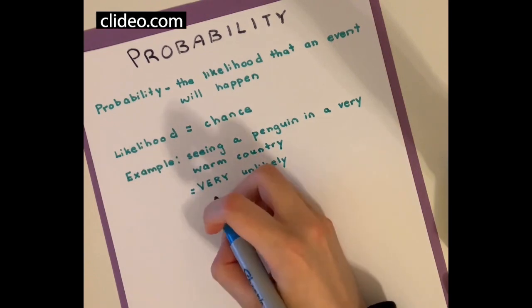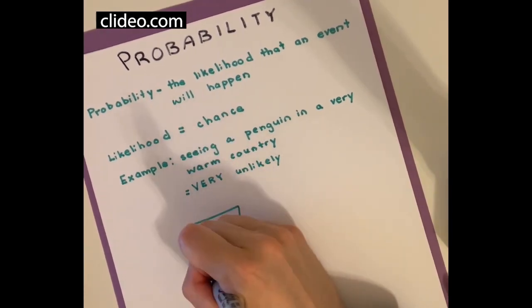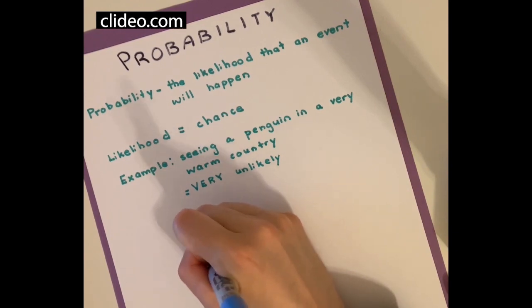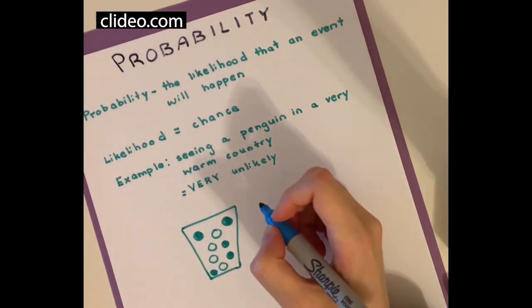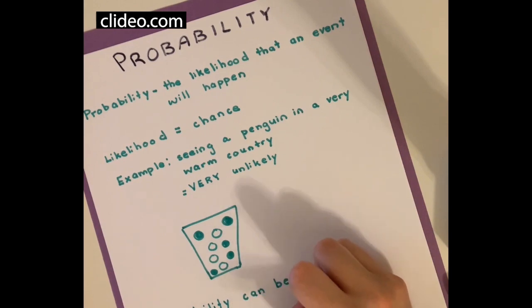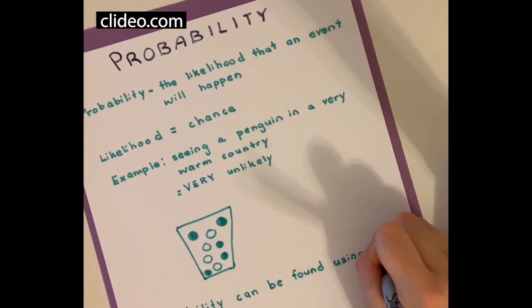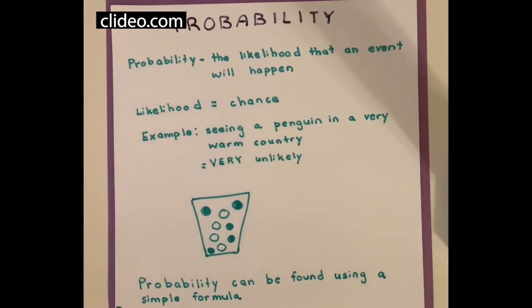Or we can use it to estimate things that we do not yet know. Let's say you have a big jar in front of you filled with different colored marbles. We can describe our chances of picking out a blue marble from this jar in terms of likelihood as well. In order to find the probability of picking out a blue marble, we can use a simple probability formula.